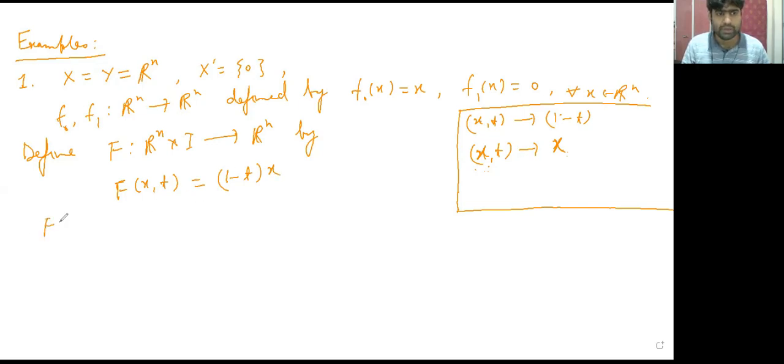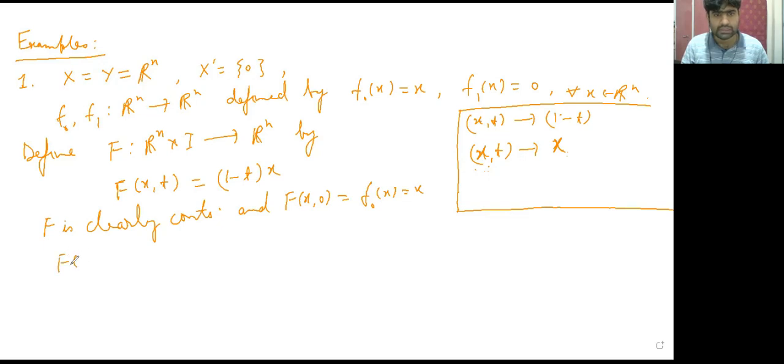and F is clearly continuous, and F of x, 0 is what? When you put t equal to 0, you have F of x, 0 equal to x, right? That is nothing but f naught of x.